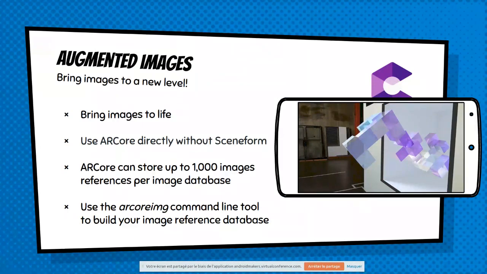ARCore can store up to 1,000 image references per image database. So you provide an image database that ARCore will look at when looking at the real world, to find the matching images you want to augment.